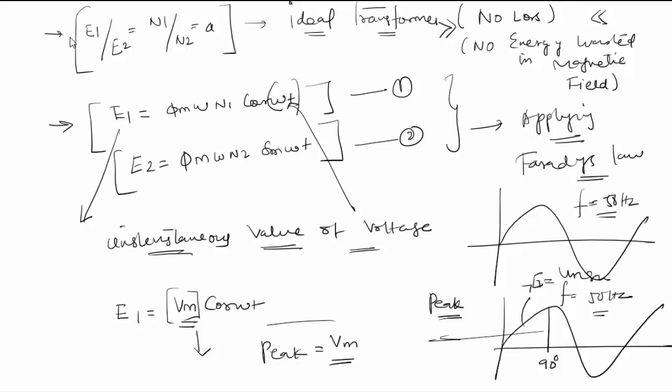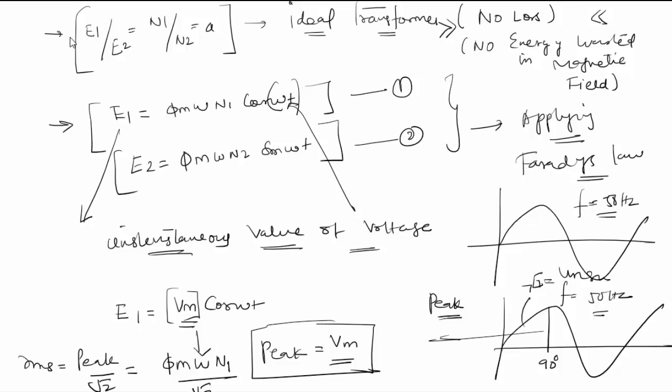This Vm can be given in the form of an RMS value. The peak value can be converted to the RMS value by dividing by root 2. So this is phi m omega N1 divided by root 2, which can be written as 2 pi f phi m N1 divided by root 2.